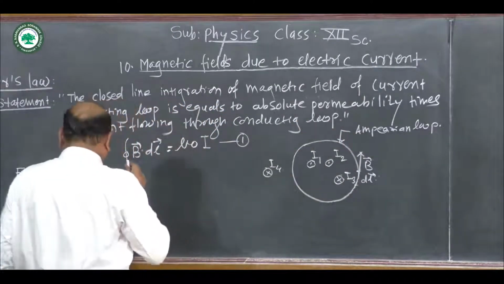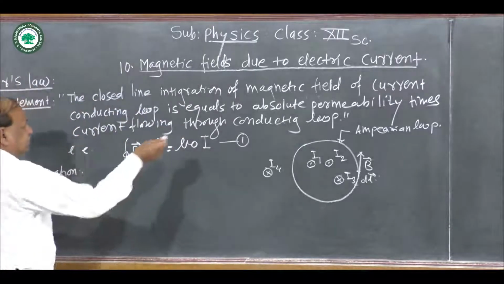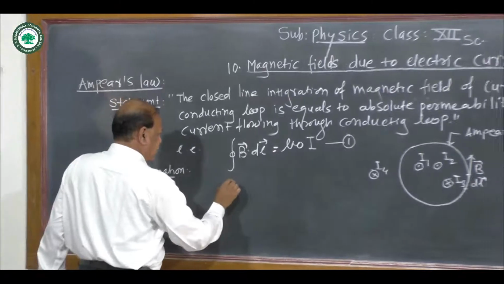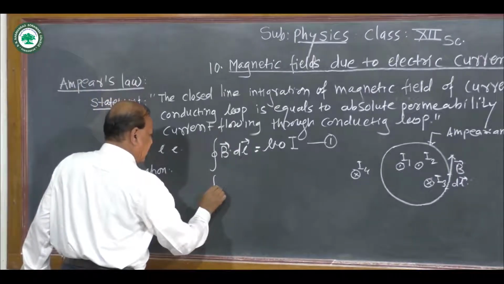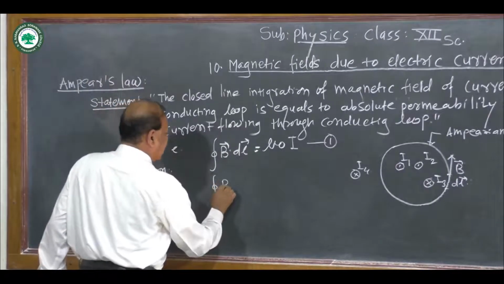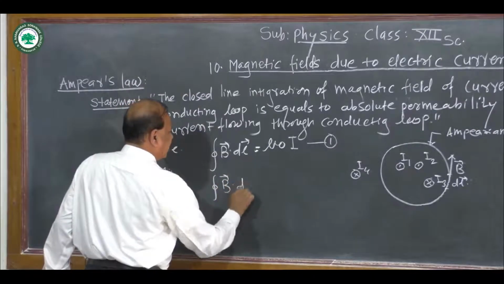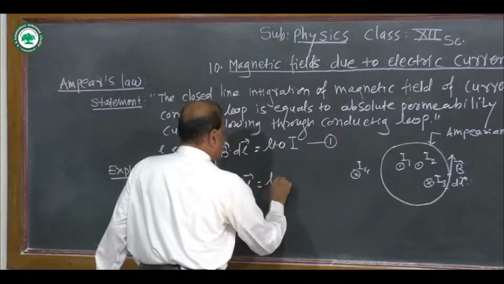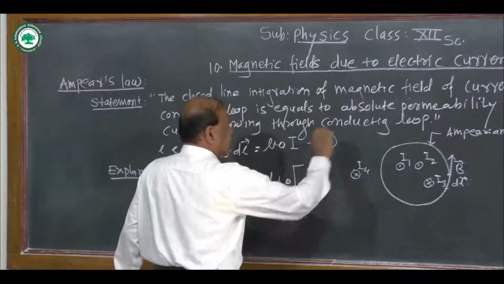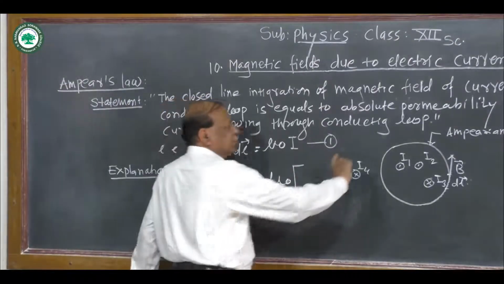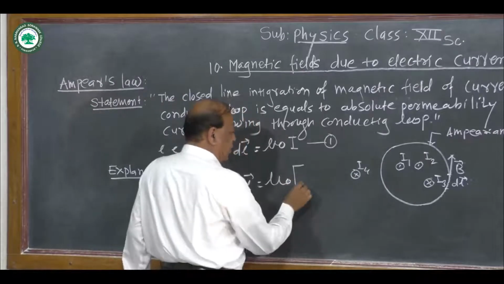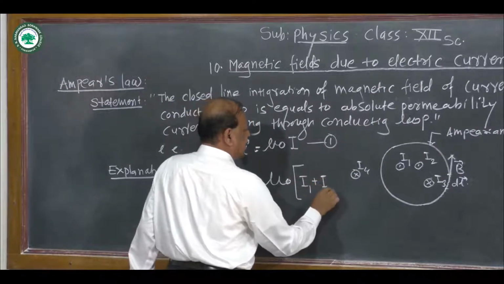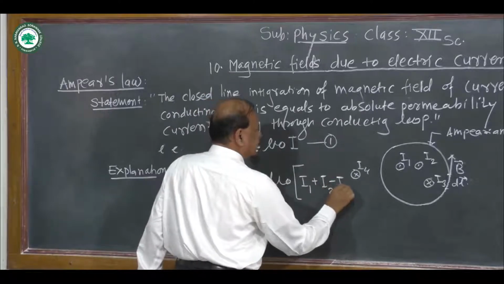And now we apply Ampere's law like this: the closed line integral of B dot dl is equals to mu 0 times the current enclosed in that Amperian loop, and therefore I1 plus I2 plus I3.